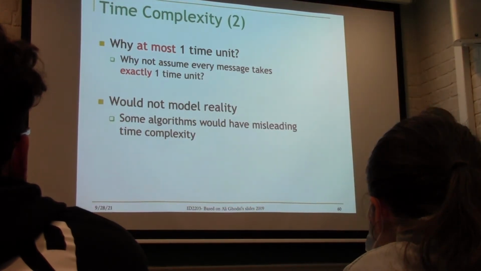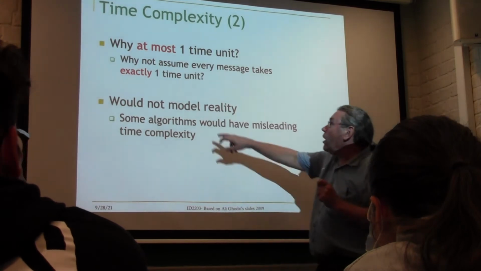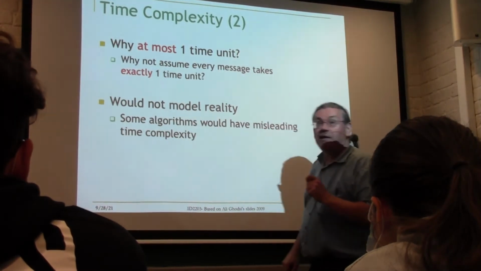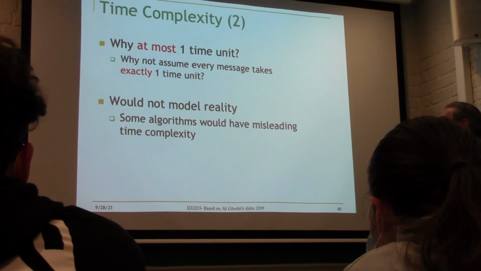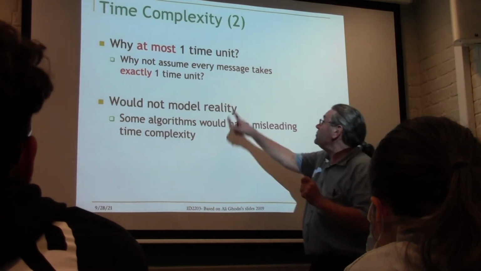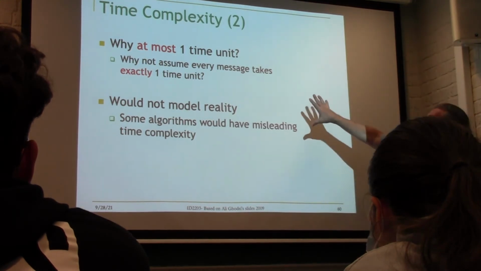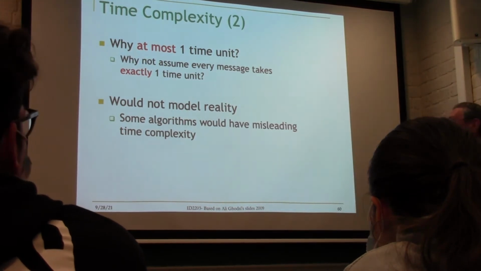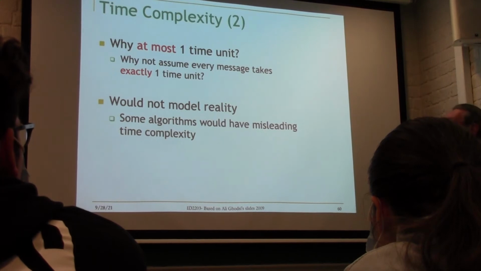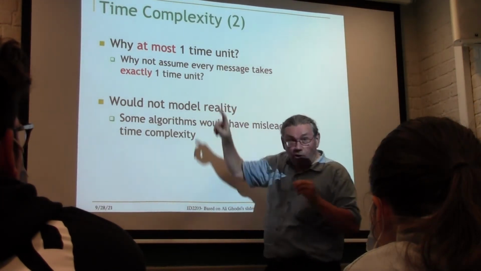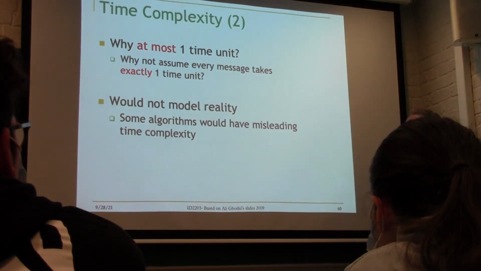But in fact, exactly 1 is a bad definition, and I'll show you why. If I assume every message takes exactly 1 time unit, then this definition is not going to give me realistic results. If I assume that every message is 0 or 1, it will be realistic. Okay, and I will show you an example.